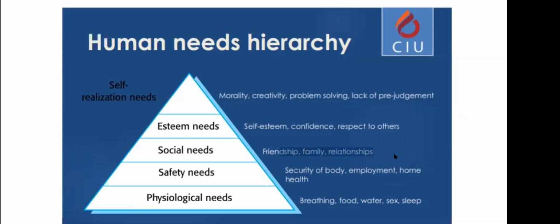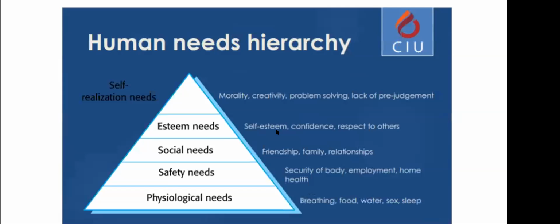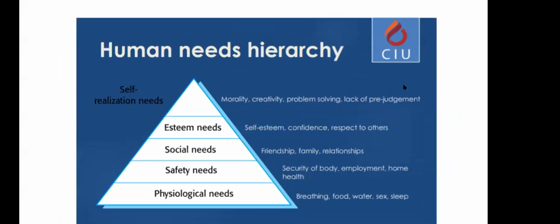That research was done in 1943. Imagine. It is a theory of human motivation, a published paper by Abraham Maslow. Unfortunately, many conferences and many project management courses will mention this pyramid, but in the real environment, this is pretty much ignored.